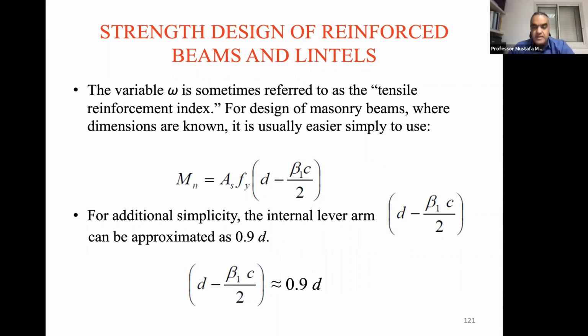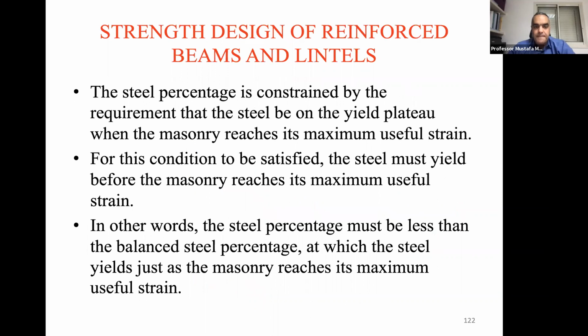When I say design, this means finding dimensions. If the dimensions and the reinforcement are given, then we are doing analysis. Now, one thing that's important, which was not in the masonry code before, is the reinforcement ratio.